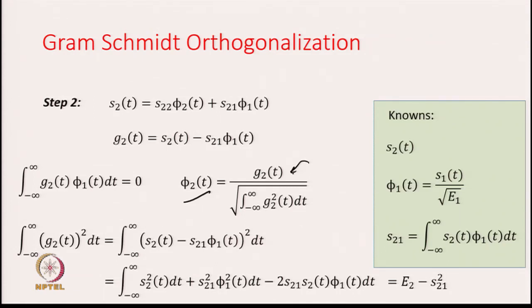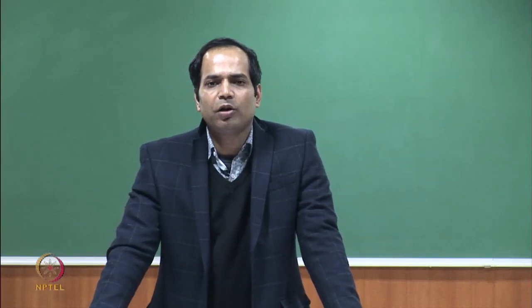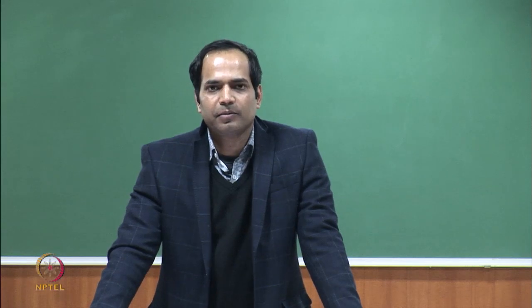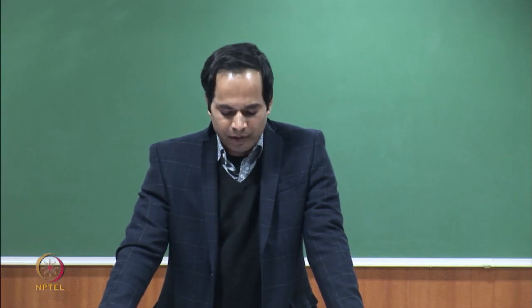So, this is what we are doing. We have this g 2 t and we divide by the square root of energy of g 2 t. If we do this, then we know for sure that phi 2 t has unit energy and it is an orthonormal function, and this is what we want, and that is why we are doing this scaling operation.